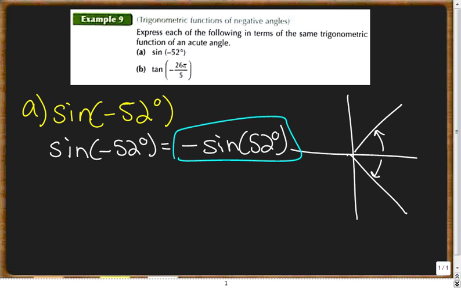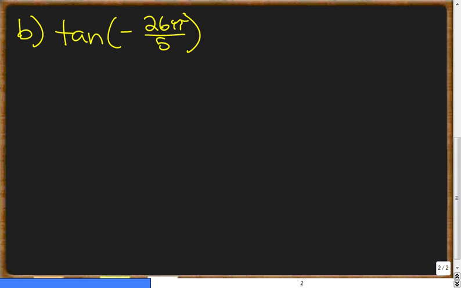Now, next one, let's see here. So the tangent of negative 26 pi over 5. In this case, we can handle this in a couple of ways.